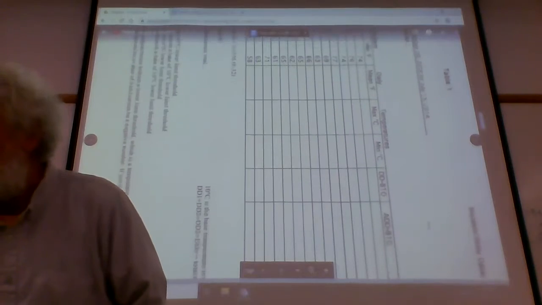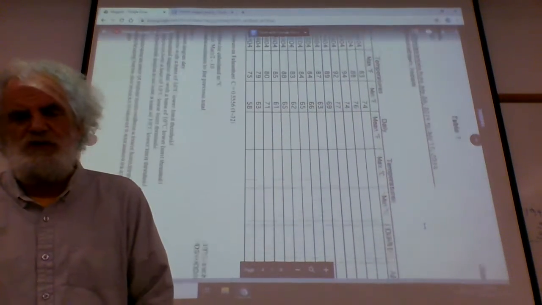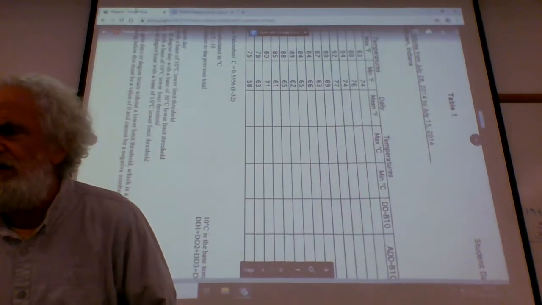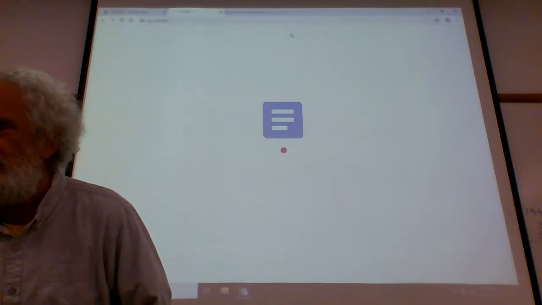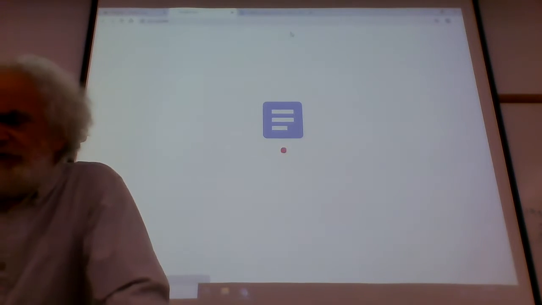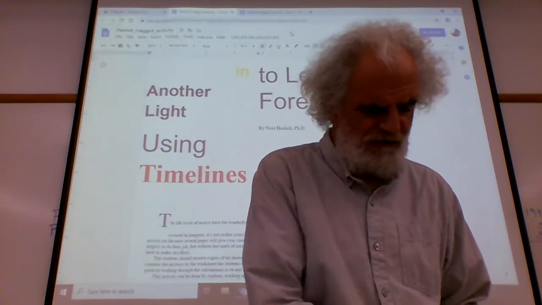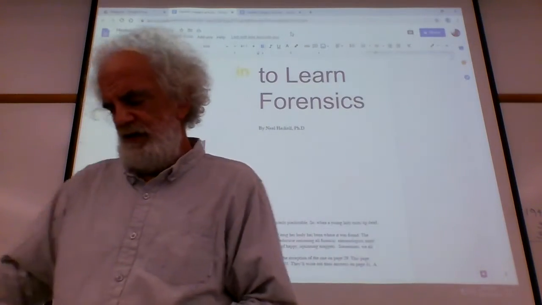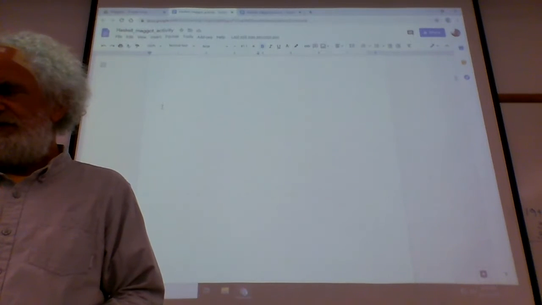Let's see. Okay, so here is the chart that you were given, and it's sideways. Is there a way to unsideways it? No. If I open it with Google Docs, let's see what happens. Anyway, this is a sheet.